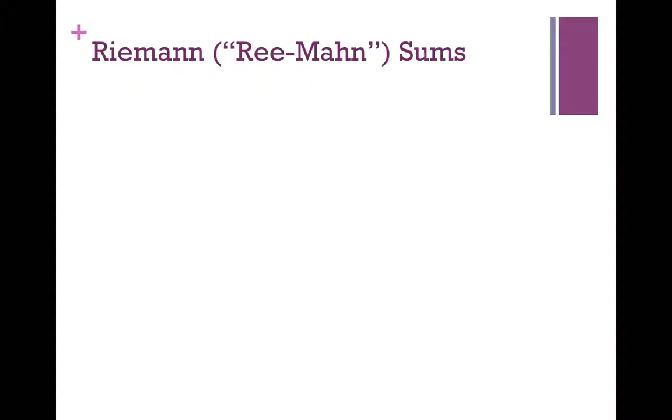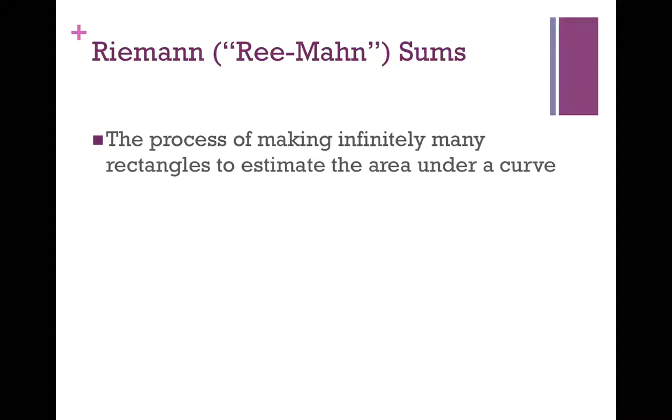First thing is kind of what we did in the previous lesson. We looked at the areas of a whole bunch of rectangles, and that actually gets the name Riemann sums, named after a famous mathematician with the last name of Riemann. Riemann sums is basically the process of making infinitely many rectangles to estimate the area under a curve.